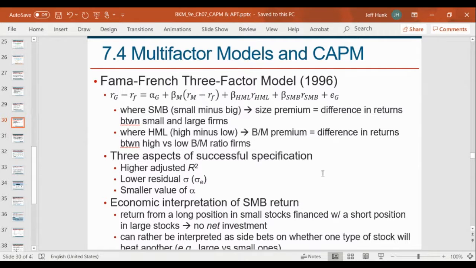So, three aspects of success. If the model specification is successful, obviously the adjusted R squared, the goodness of fit, should increase, and the residual should be lower.